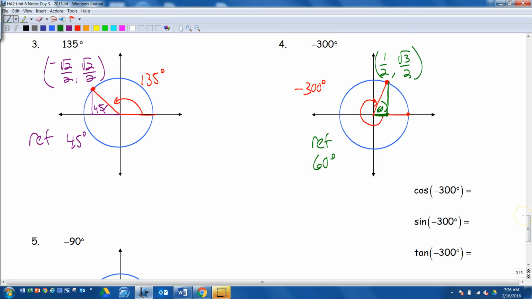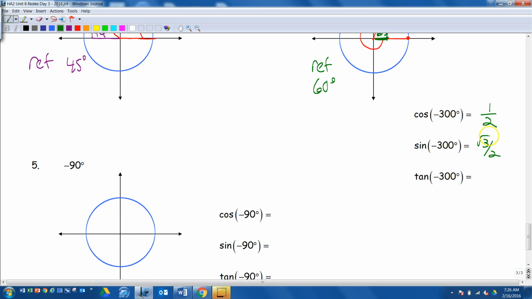I want to know what the cosine of negative 300 is. Well, the cosine on a unit circle, or the cosine of this angle, is just the x-coordinate of that point. So the cosine of negative 300 is 1/2. You can type that in your calculator and see it for yourself, as long as you're in degree mode. The sine, or the y, at negative 300 is root 3 over 2.